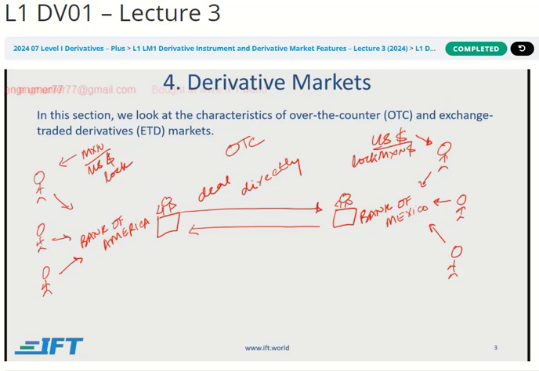Alternatively, they could go through an exchange house, where instead of dealing directly, they both deal with this exchange house, and the exchange house does everything for them.